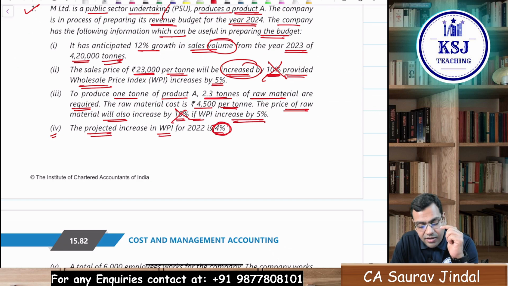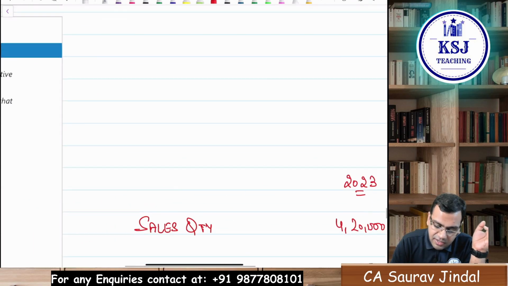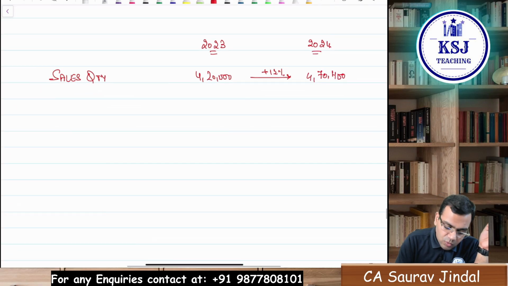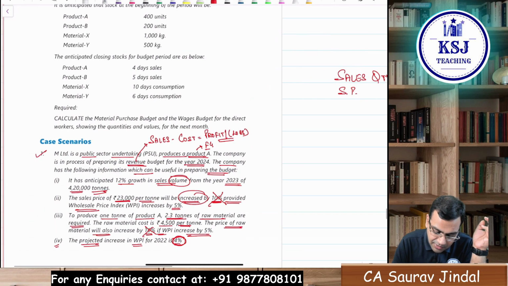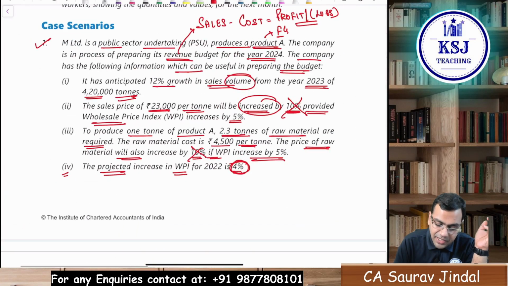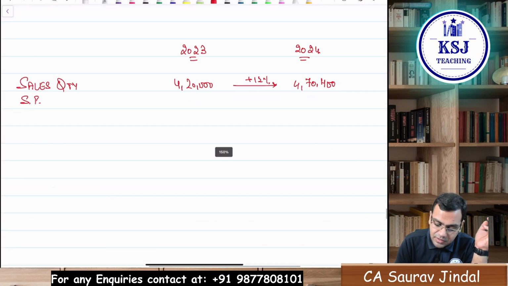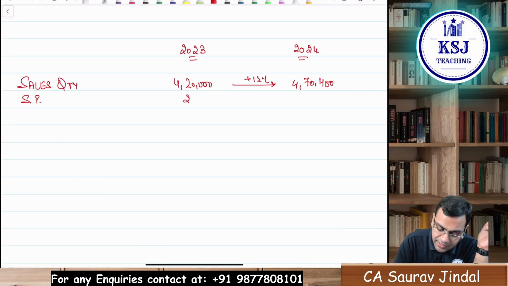So the increase in the selling price as well as the price of raw material was conditional. So here, with the sales quantity, what will be the selling price? The selling price will be 23,000 only, sir.